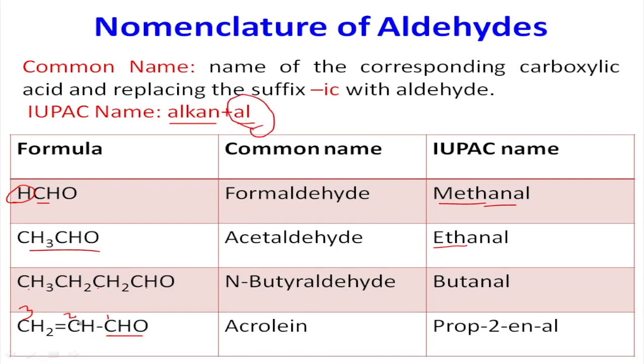So 3 carbons is prop, then the double bond is en. The position of the double bond is 2, so hyphen 2 hyphen en, then CHO is al. So prop-2-enal.